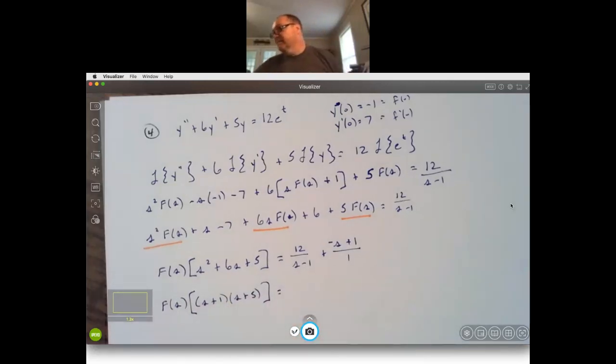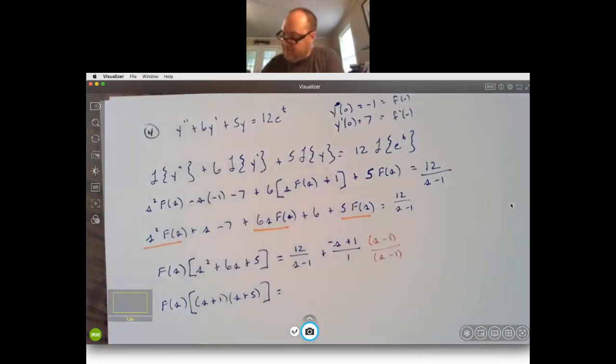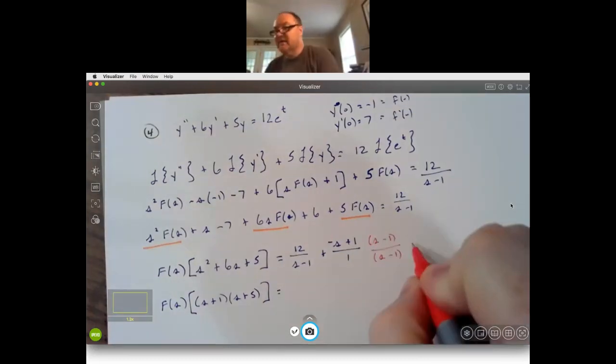On the right-hand side, I'm going to need, unfortunately, a common denominator. And I think I'll just go sideways if you don't care. Let me find the one other color.